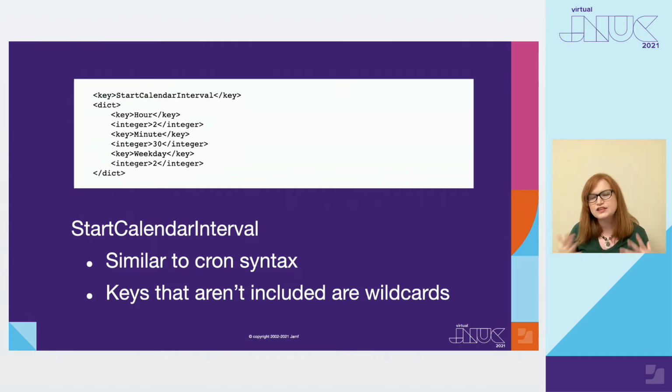Like I said, anything you don't include is just going to be a wildcard. So this example that I have right here is going to run at 2:30 a.m. on Tuesday. So this is going to run every Tuesday of every month. This is just generally like a scheduling thing that you can do.